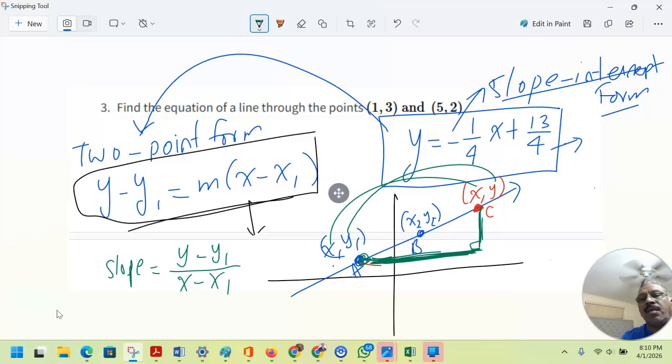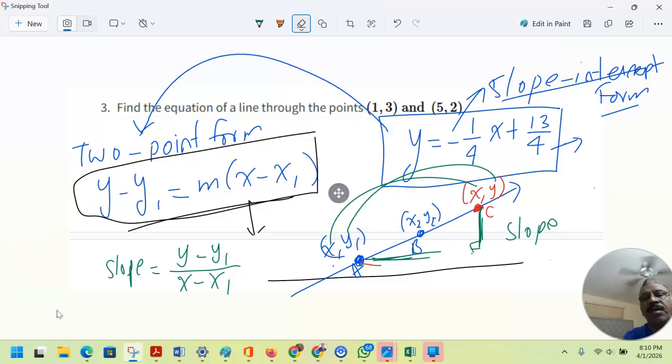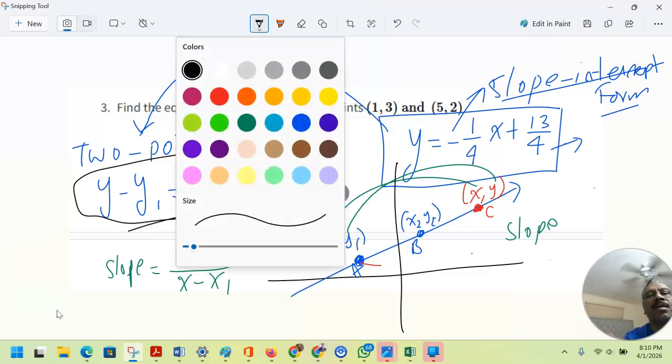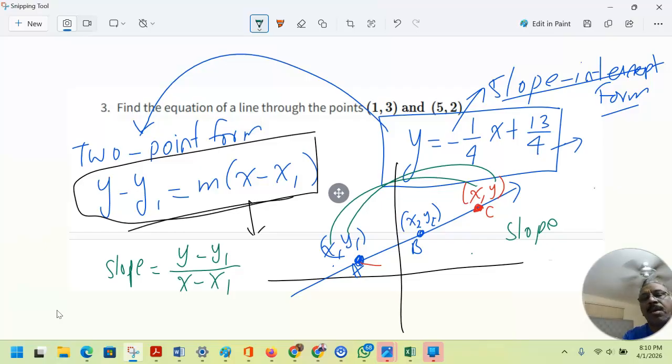We can also find slope another way using BC. So BC, this time I'm going to write the rise and run. See, so this slope also is, this time I'm going to use y minus.